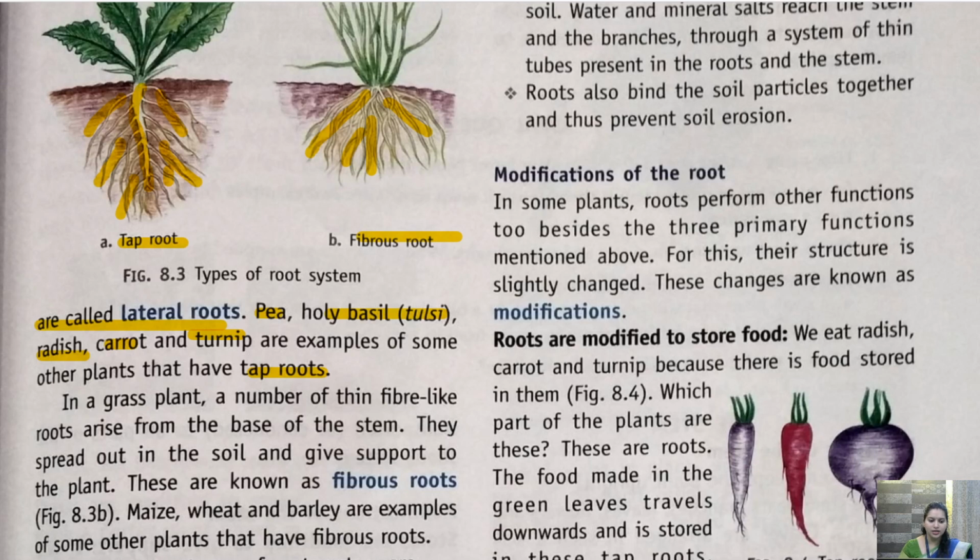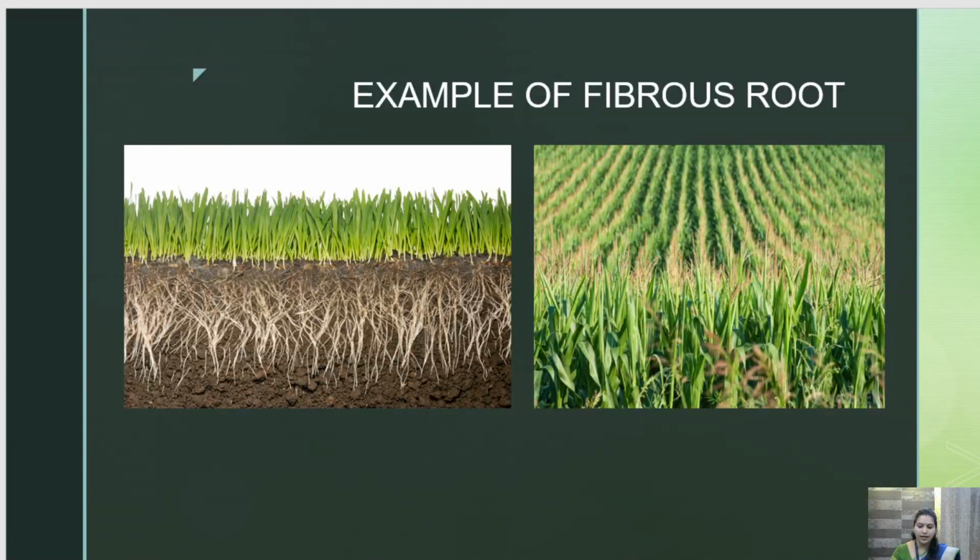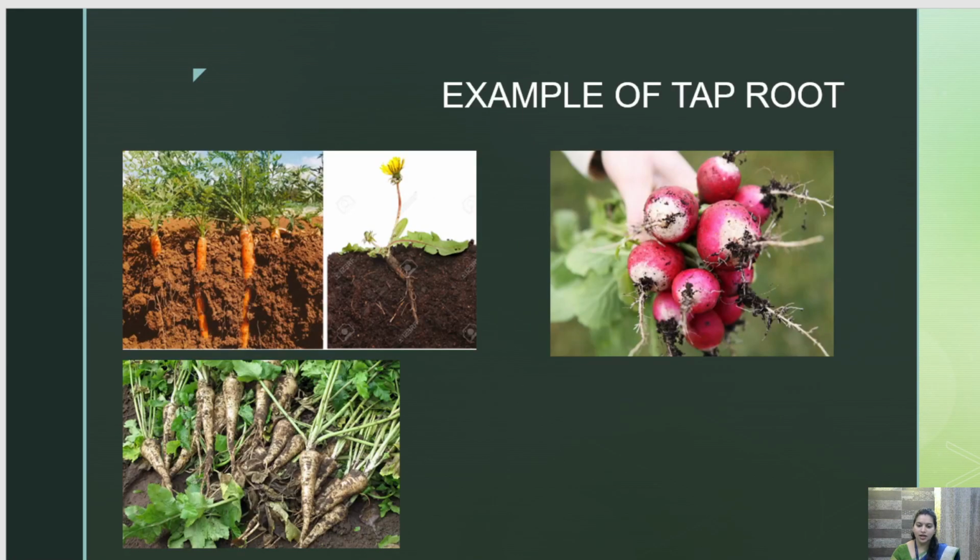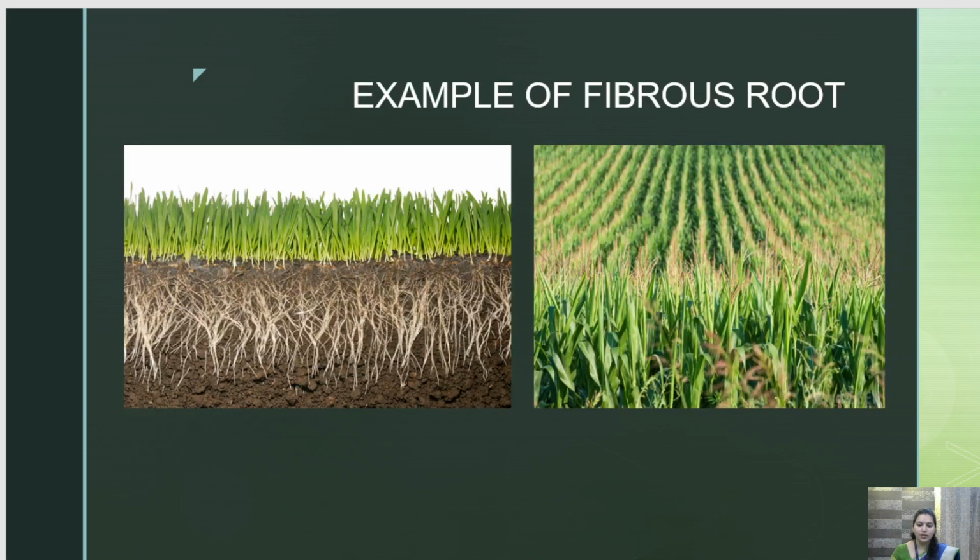As you can see in the figure, children, radish, carrot and turnip are having a main branch, and that is called a taproot. Whereas the grasses are not having any main root, and thus they are called fibrous root.